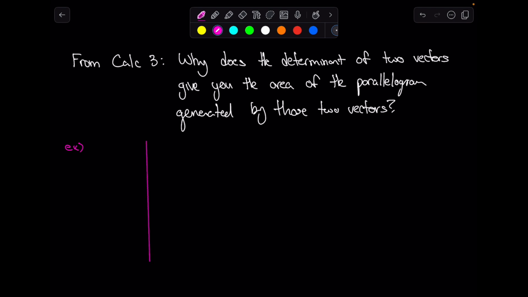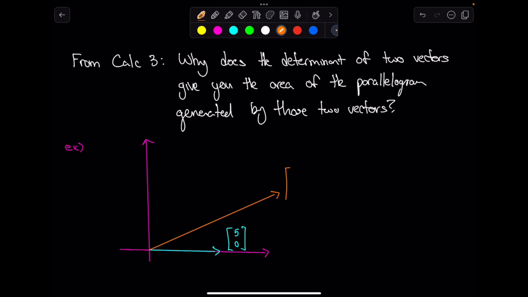I'll draw us a little picture where we have two vectors. For the sake of simplicity, I'm going to say that we have one vector here, the vector 5, 0. And I'm going to have another vector over here. Let's do 10, 3.